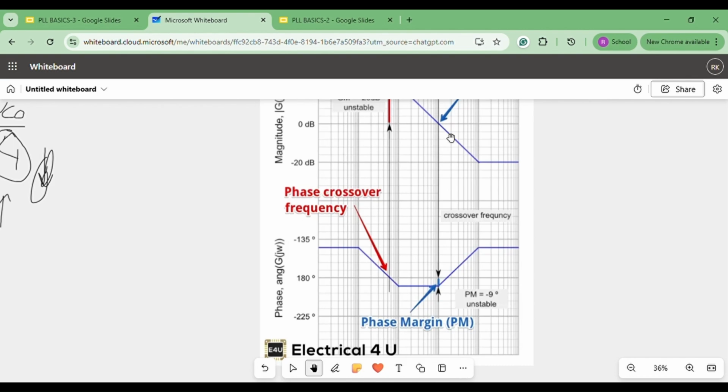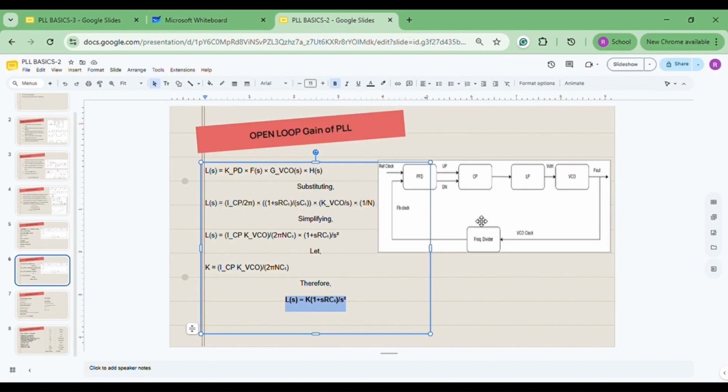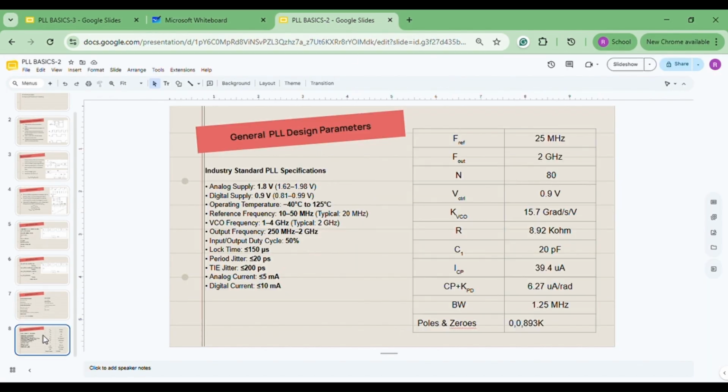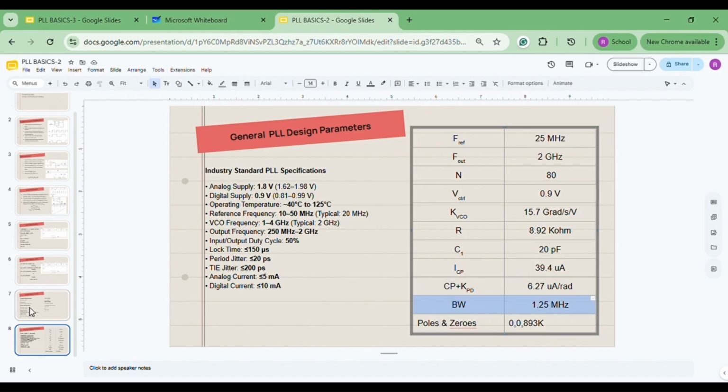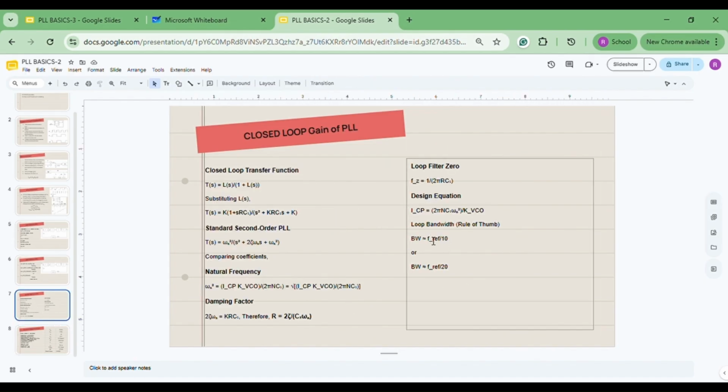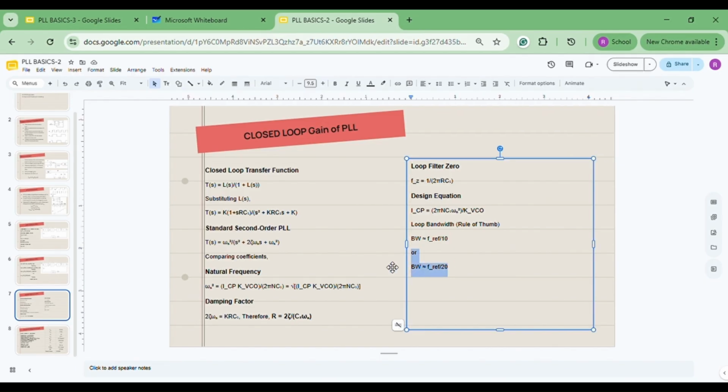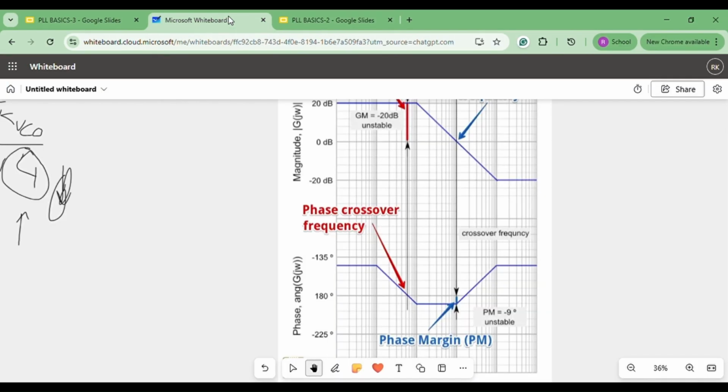So basically, in the last class, what was our target? Bandwidth was 1.25 megahertz. How did we get this 1.25? Reference frequency divided by 20. This is a rule of thumb for any PLL design. So that's why we selected 1.25 megahertz.